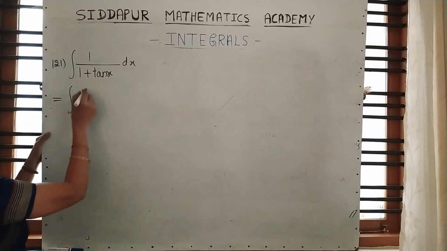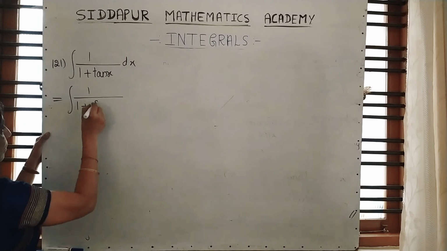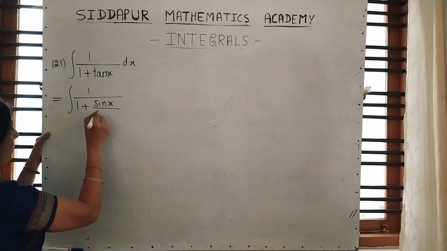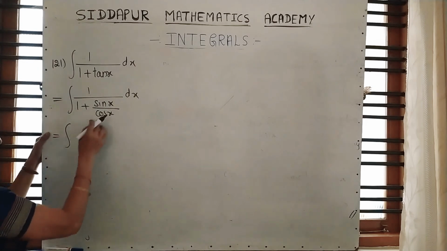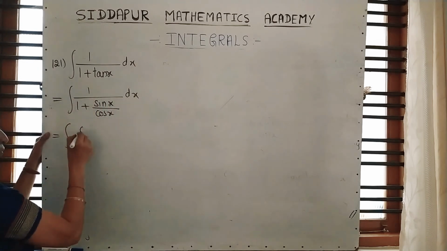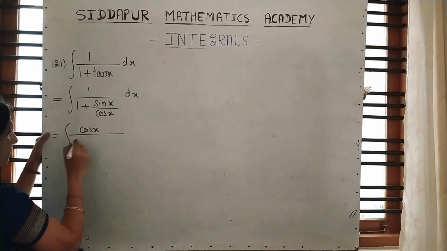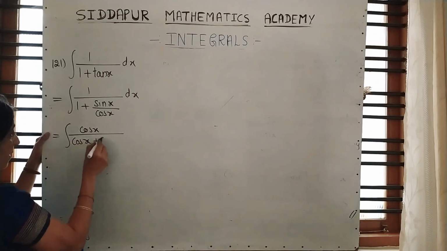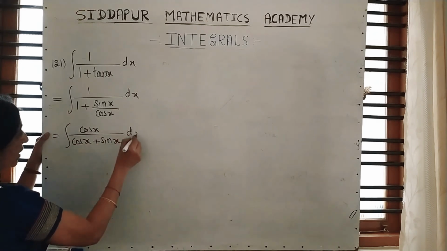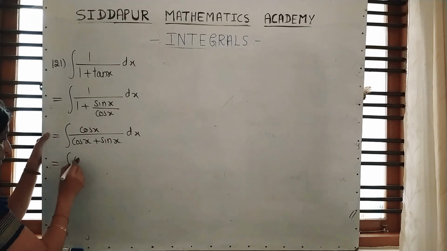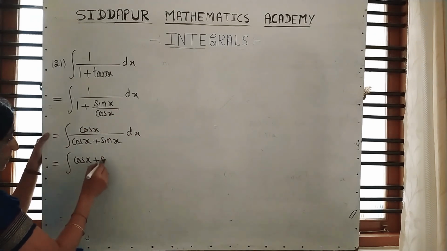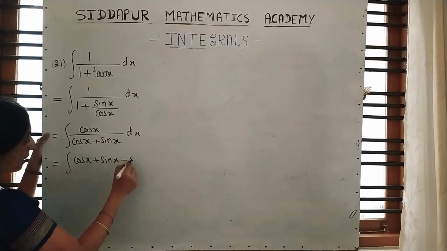Tan we convert into the form of sin and cos. After that we take the LCM, and after taking the LCM, cos x goes up. In the denominator we have 2 terms, that's why we make a group of 2 terms. Already I explained all the steps.